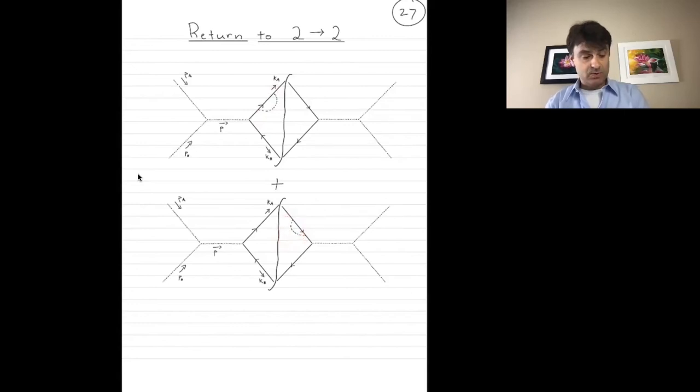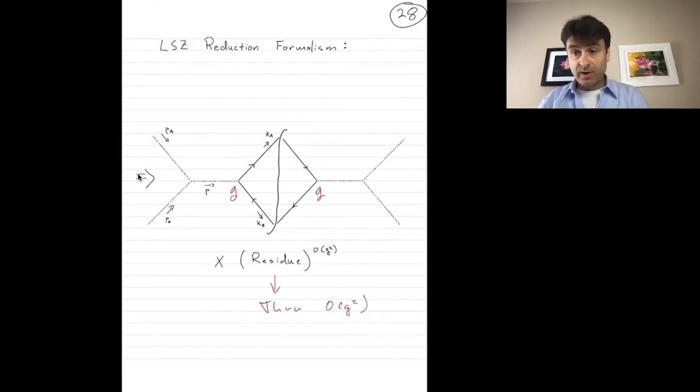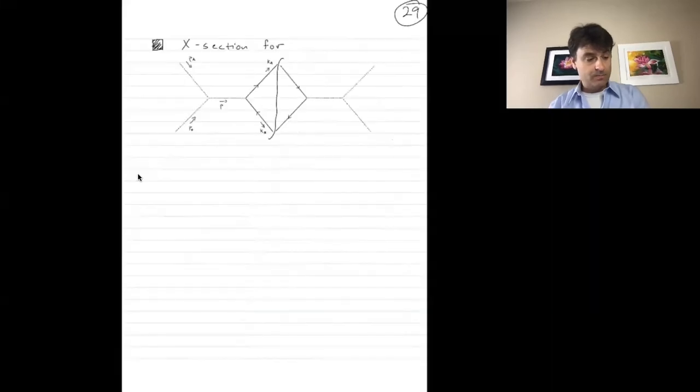And I'm going to put those 2 together, and I just get one residue. And what I want to do is calculate it through order G squared. Okay, so we've already got the G here. And then in here, I'm going to want to include through order G squared. So then we'll have up to order G to the 4th contributions to M squared.